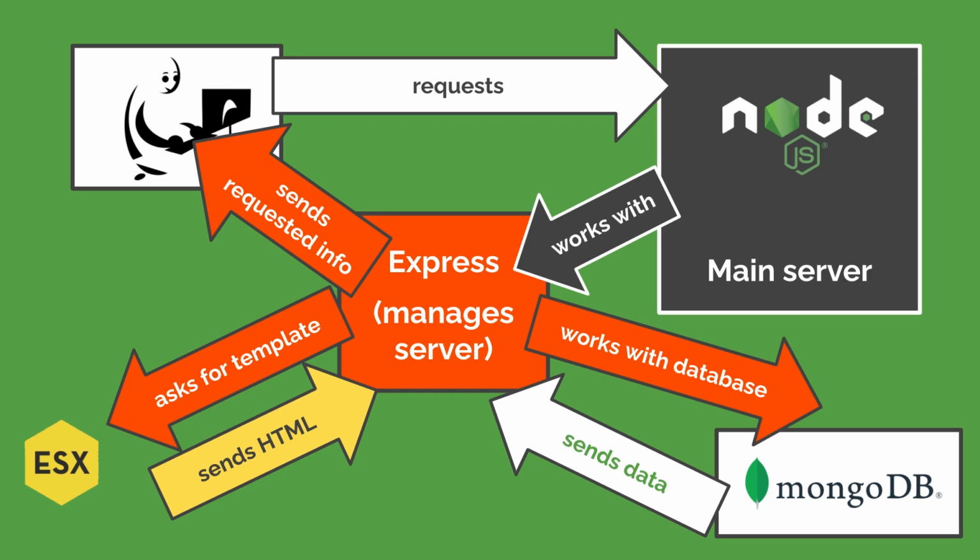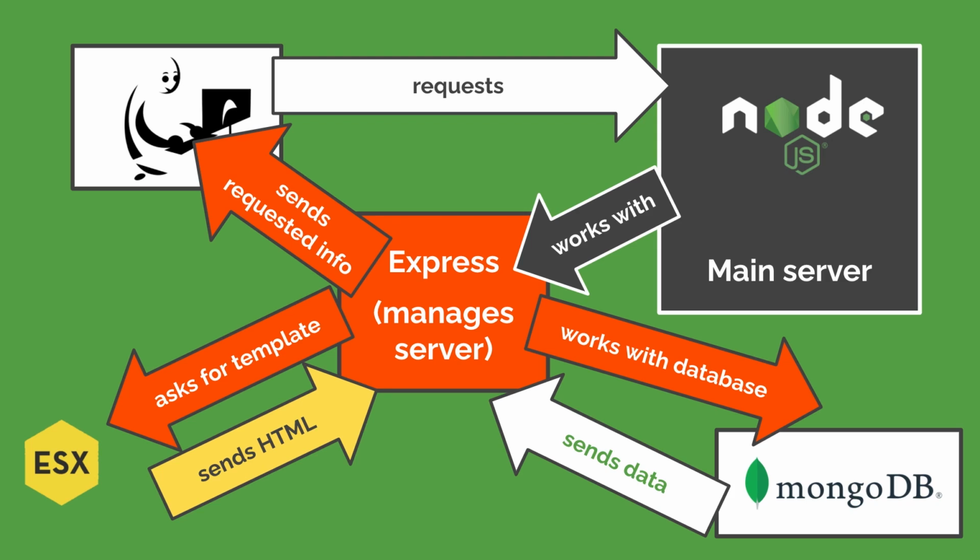For example, if the client wants to send a message to the chat board, the client will send the message to the server, and the server will then send their message to all the other clients. And in that way, you have a working chat board where everyone can talk to each other and see each other's messages. This is a huge step beyond just a local website where you log in and you send messages to yourself, but you can't communicate to anyone else. That's why back-end web development is so important to know.